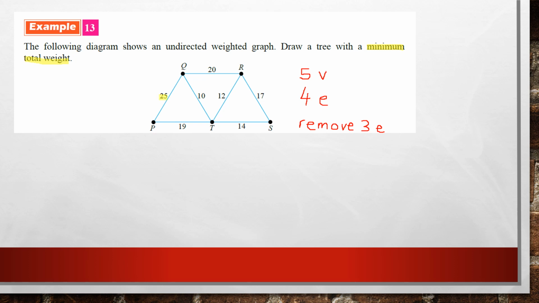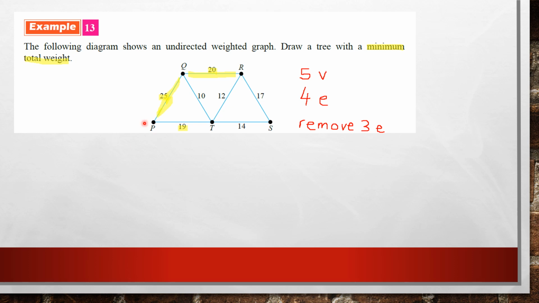That is 25. So we can remove this line, the line that connects PQ. Next, the greatest weight is 20. So we can remove the line that connects Q and R. Next is 19. But when you remove 19, what happens?